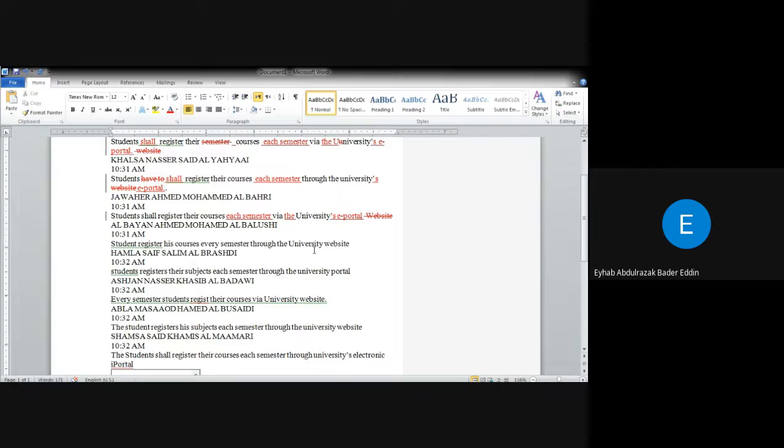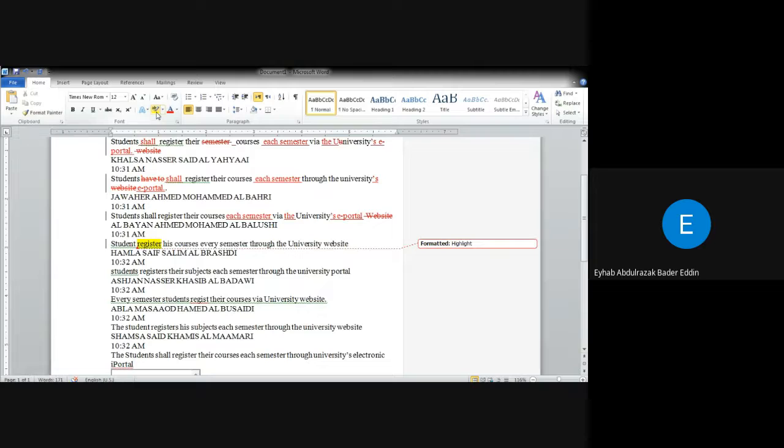Of course we can use through as well, not only via, both are correct. We can use through. Albayan, this is a big problem. You either say the student registers, or you say students register. But this way is problematic because we cannot tell what tense this is. What is its tense, Albayan?